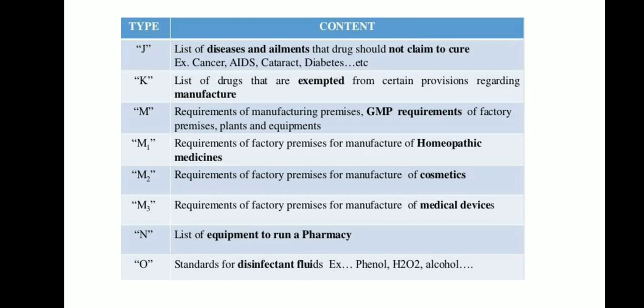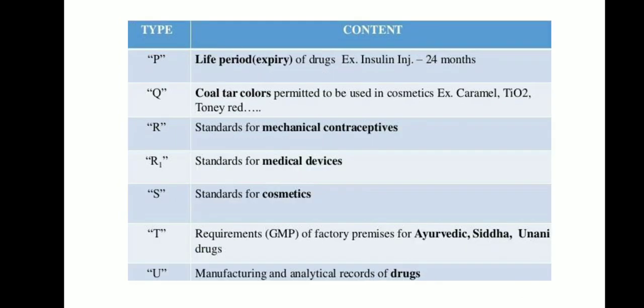But Schedule M, GMP requirement for allopathic medicines, plants and equipment. M1 for homeopathic medicine, M2 for cosmetics, M3 for medical devices. So here R1 standards for medical devices, S for standards of cosmetics. Schedule T, GMP for Ayurveda, Siddha and Unani.